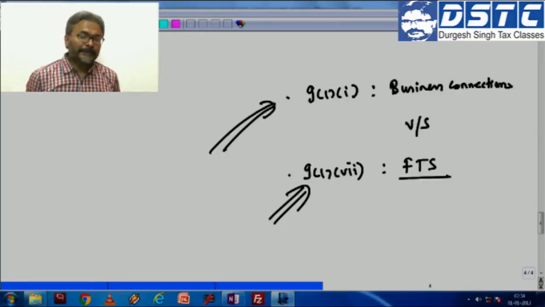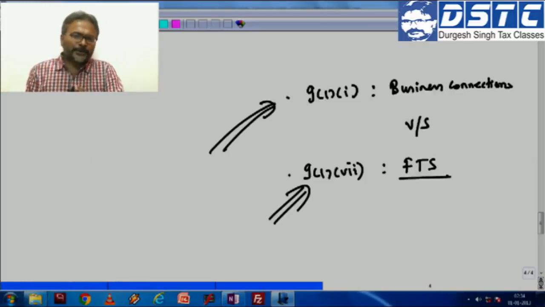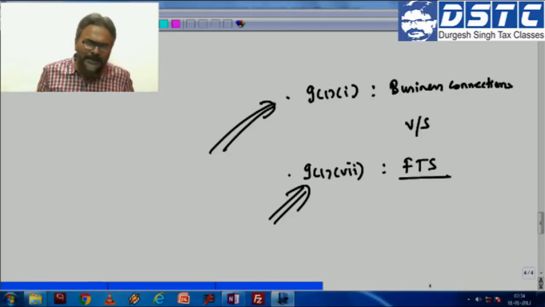The larger question that came up was this: some students actually argued during the class, what's the use then? The assessee says it is in the nature of business connection, the department is saying it is in the nature of FTS. In both cases, the income would anyway be taxable in India as per the Income Tax Act. And your answers are right, students.